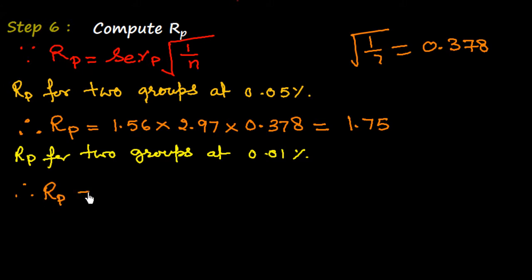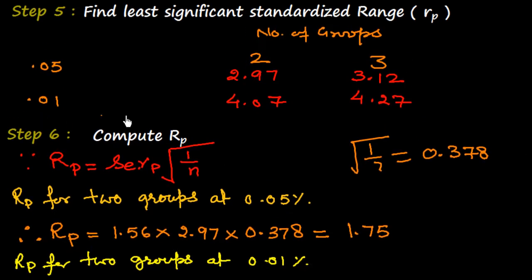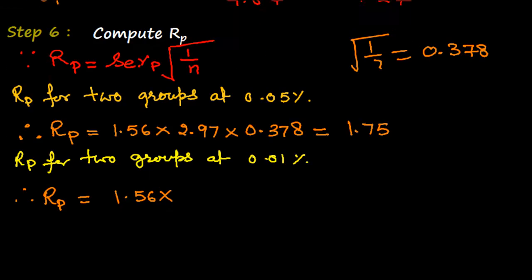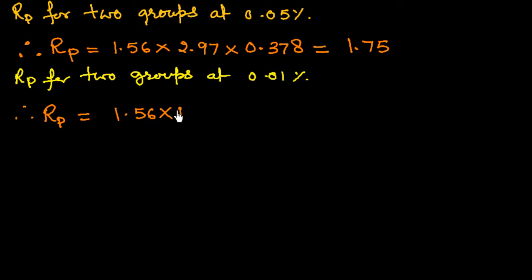RP is equal to, we take 1.56, and at 1% for two groups we see the value 4.07. We write down here 4.07 and 0.378. So finally we get 2.40.